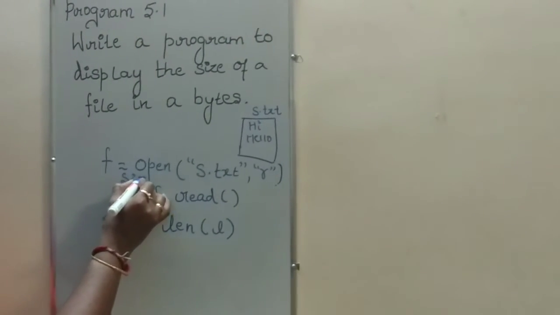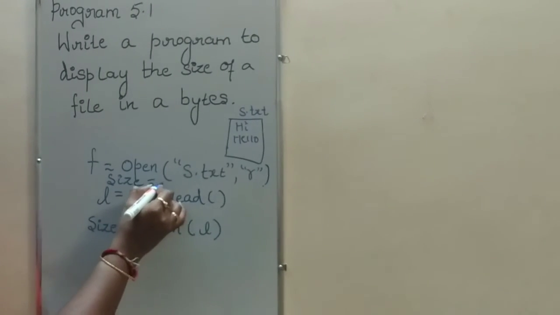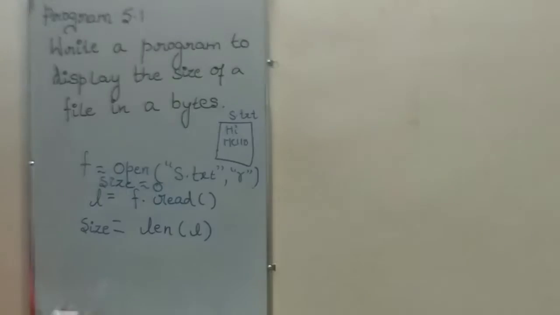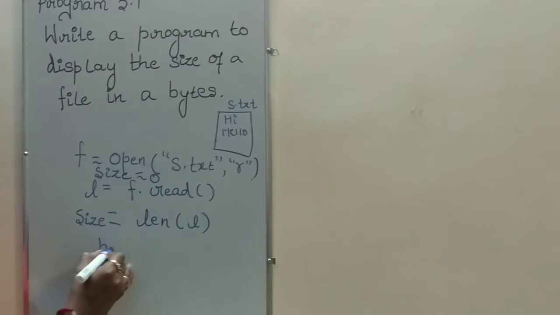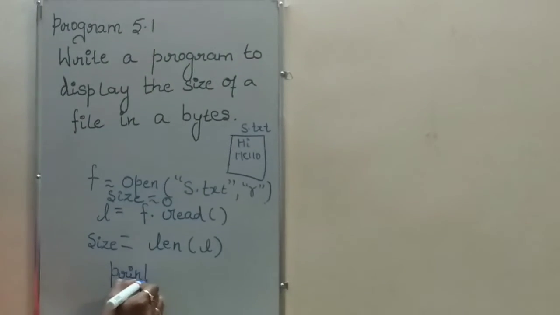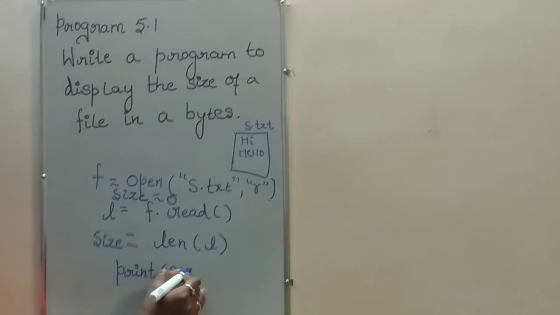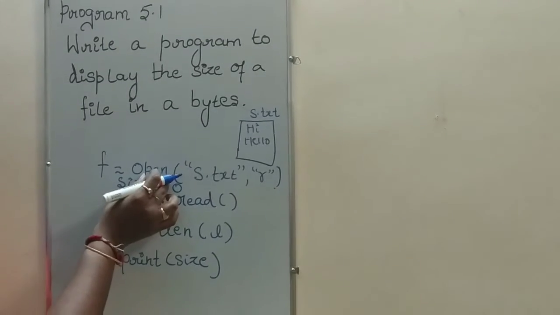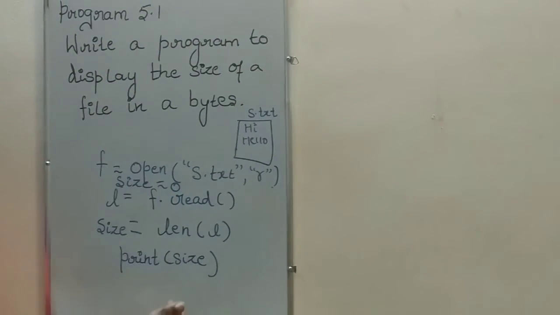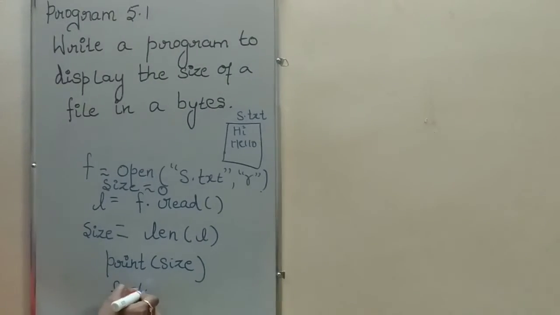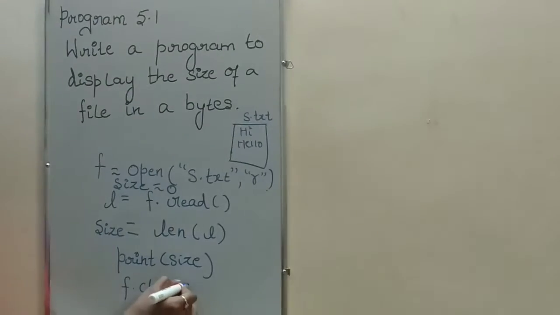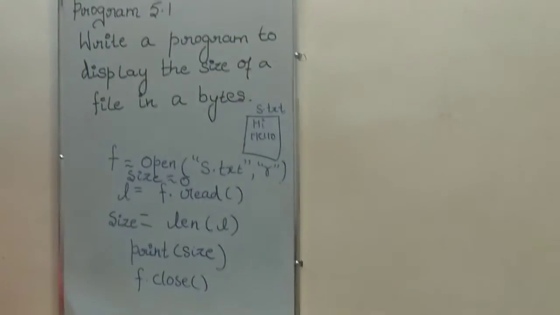Initially, it must be assigned size equal to 0. Now, they ask you to display it using the print statement. You can display the size. And here, the open method is used, so it is necessary to close the file. F.close method will close that file.